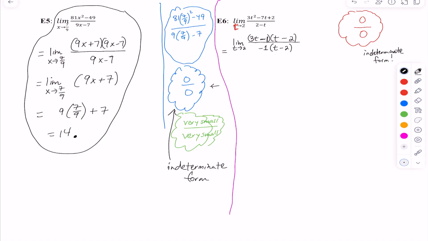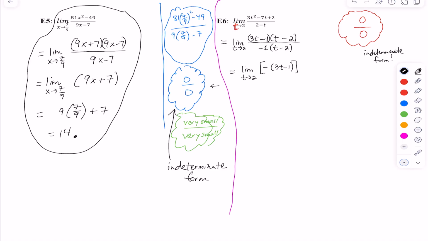Now we can notice common factors. Common factor is t minus 2. So this will now simplify to the limit as t approaches 2 from both sides of this polynomial.